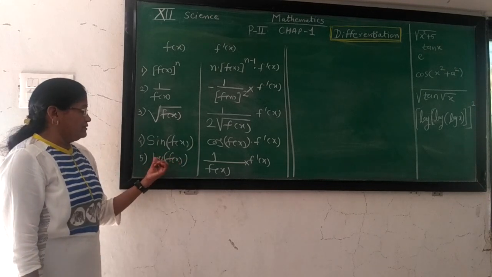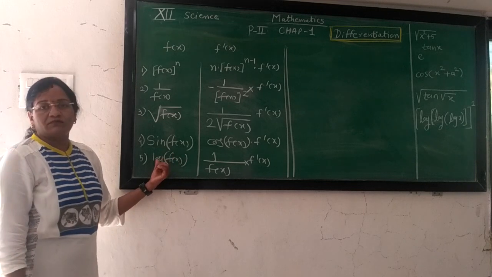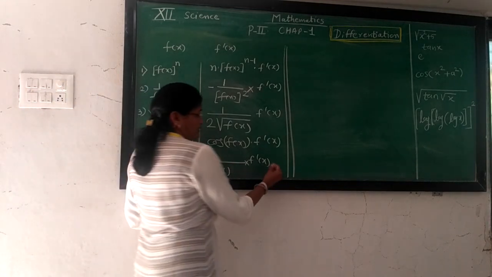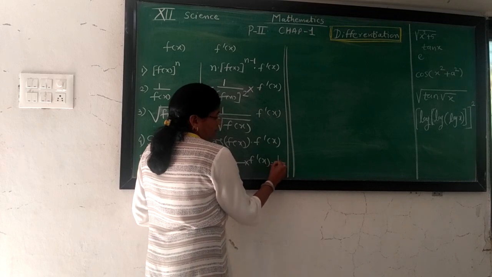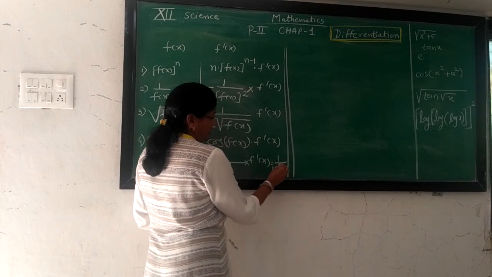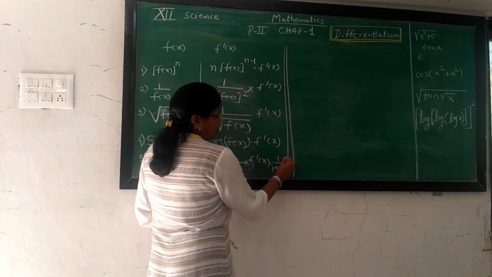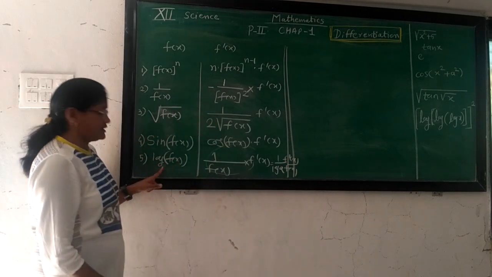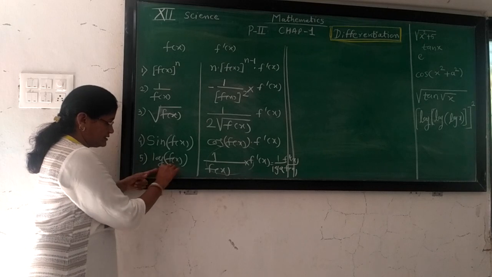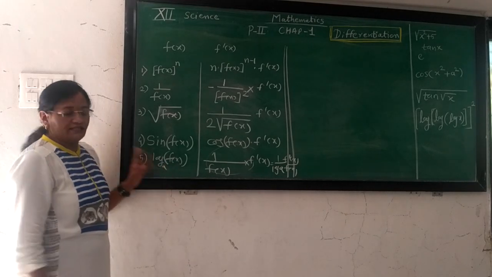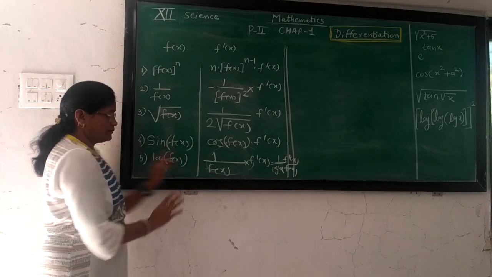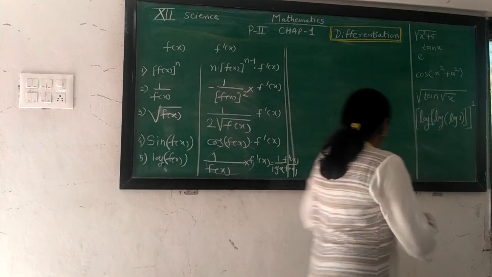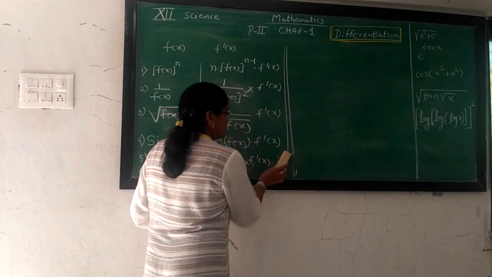So when we apply the rule of change of base of the logarithmic function, we take 1 upon log a and multiply this whole term f dash x upon f(x). If the base changes to a, then we multiply by the 1 upon log a term. But here we take this derivative only for natural log.